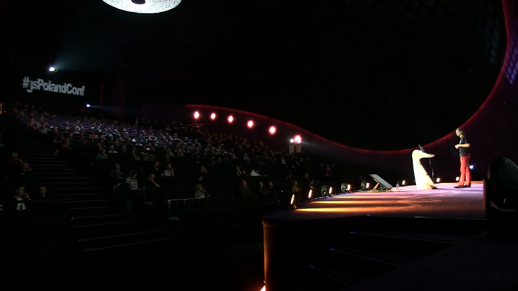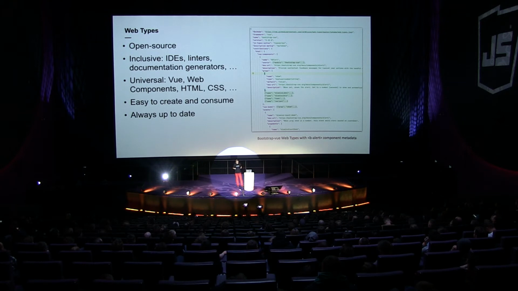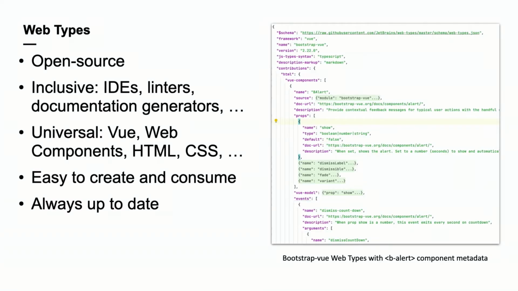Our goal was to make it inclusive. When we designed it, we didn't want to lock it to our IDEs, but we wanted it to be present everywhere, so that linters can lint your HTML file and tell you that this attribute from this library is deprecated and not to use it anymore.